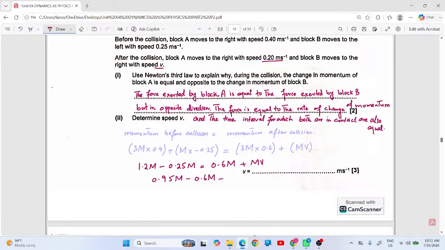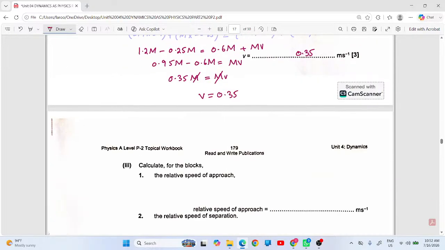Here you have m. 0.95 minus 0.6, that is 0.35, equals to. So V is 0.5 per second.